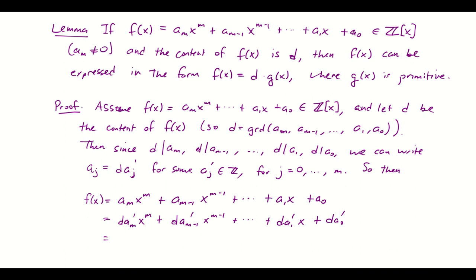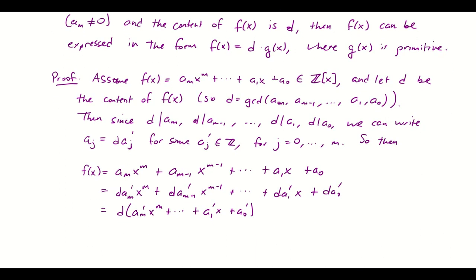And then we're going to pull out that d, factor it out, leaving ourselves with another polynomial inside the parentheses. All right. And then that polynomial in the parentheses is what we're going to define to be g of x.